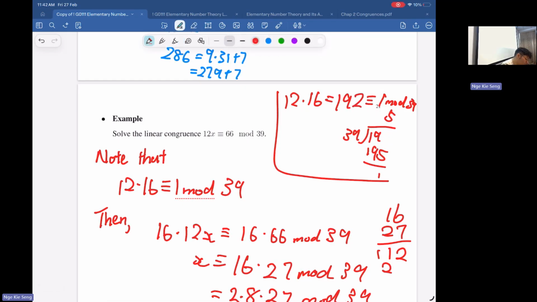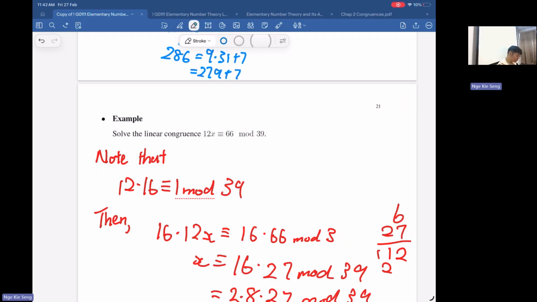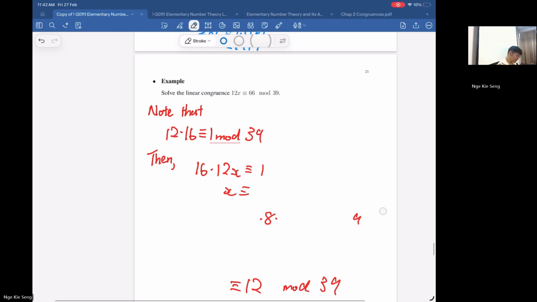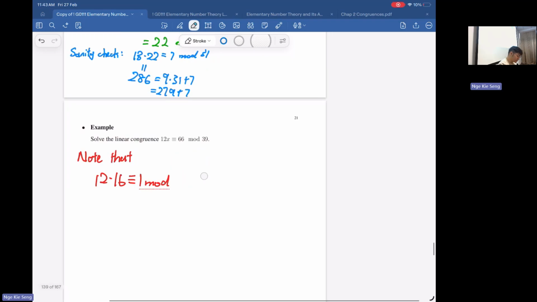Oh, that's my problem, so that's why I think this is weird. That's why it's wrong. In that case, we really have to do your method. That's why I feel weird, because the inverse only exists when the GCD is one. Okay, very good.